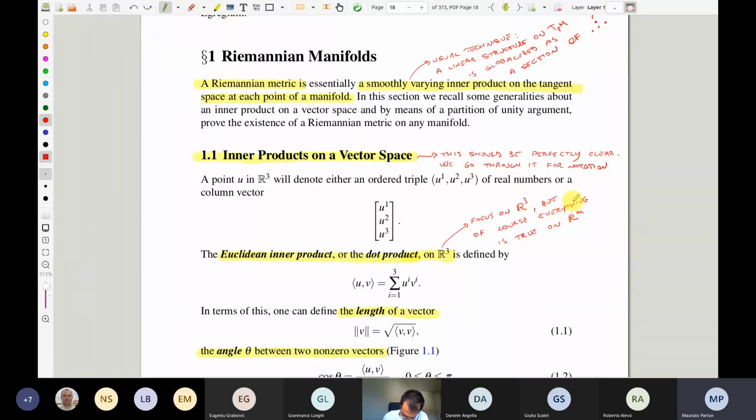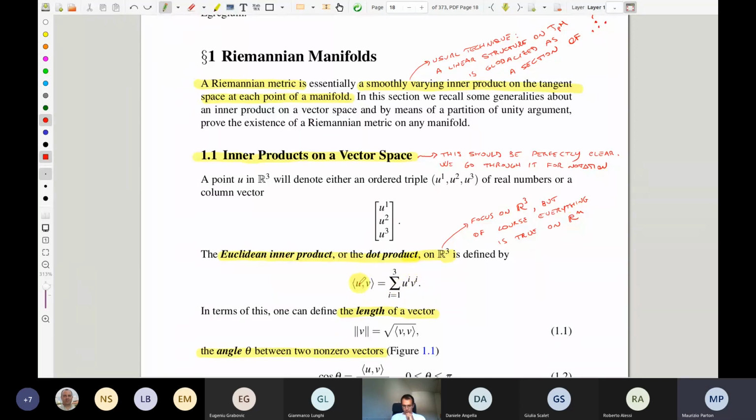For the moment we are considering manifolds, you know what a manifold is now, which are embedded. That means you can consider these manifolds as a subset of a certain space Rn.